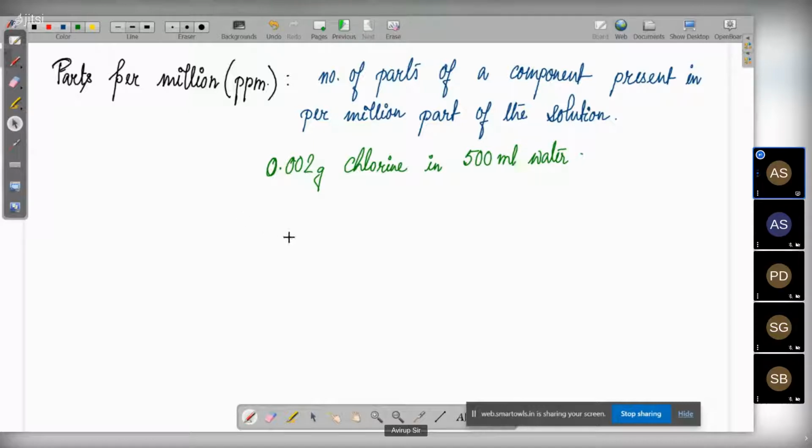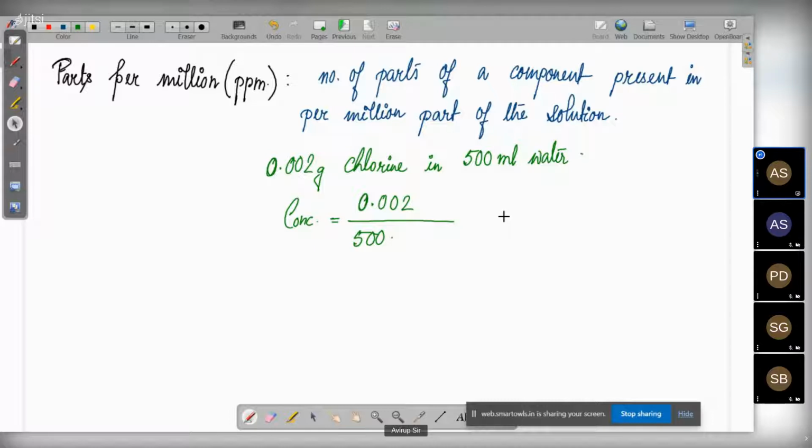So then what are you getting? The concentration is the weight of solute, 0.002, divided by the volume of the solution, that is 500. So 0.002 divided by 500.